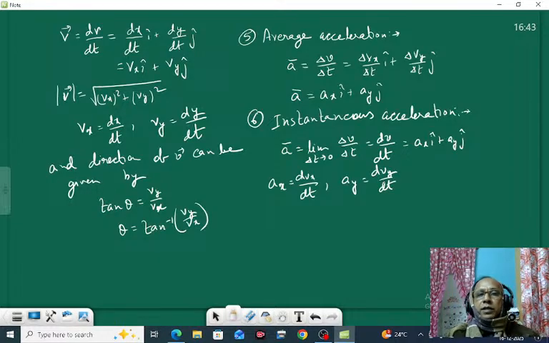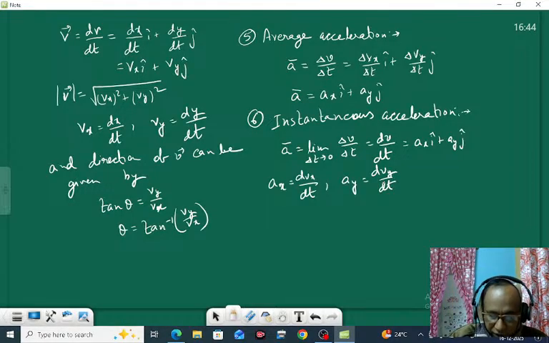So we are finding the instantaneous acceleration as axi plus ayj, or you can write it as dv by dt. In this way you can find all the definitions of motion in 2 dimensions. And if we study motion in a plane with constant acceleration, then we find 3 laws.